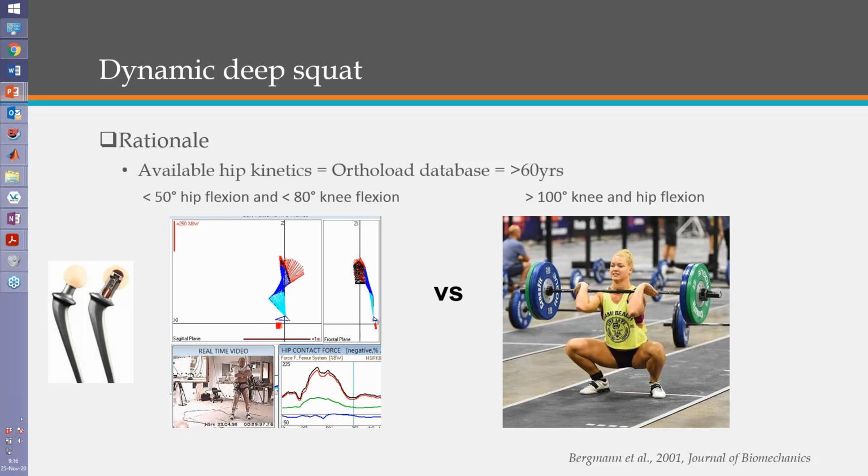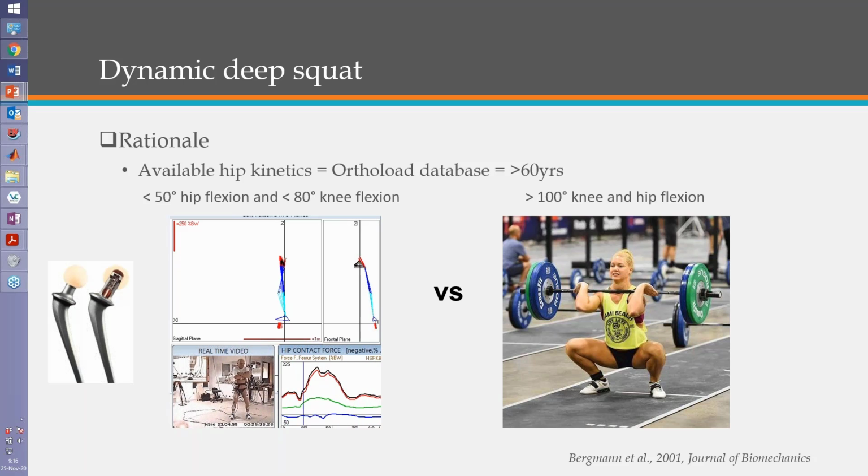Next, we looked into some more interesting cases, which are the dynamic activities, and especially the ones that can be a bit more challenging for the hip joint as well as for other joints, of course. The deep squat is available for further kinetic and biomechanical evaluation, and that's thanks to Bergmann, who constructed the Julius Wolff Institute in Berlin and has made a lot of data available on, for example, also some knee bending activities, which are useful, of course.